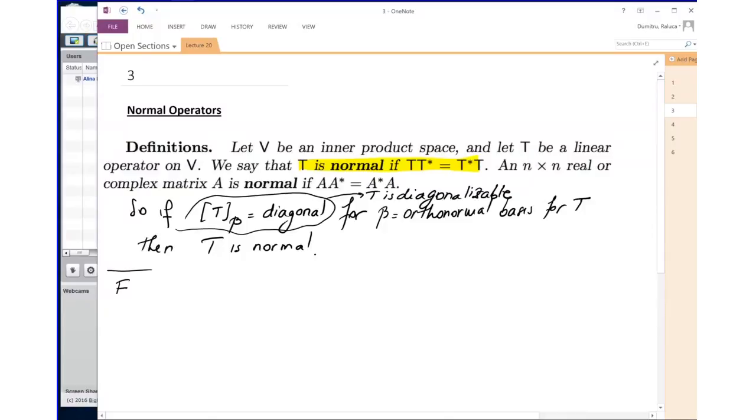Basic examples of normal operators. Identity. Why is the identity normal? I star equals I, so I I star is the same as I star I. A matrix A that is, let's say, real symmetric.